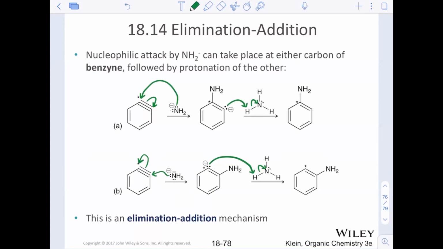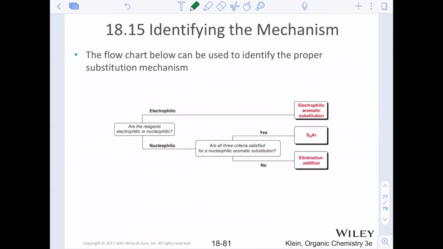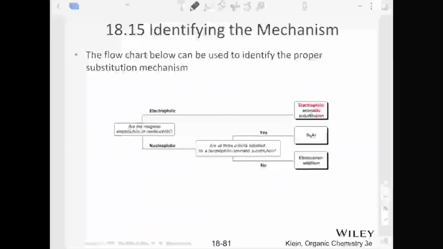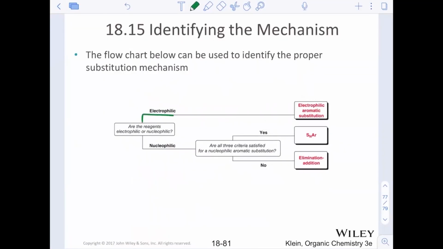So which mechanism do you want to use? Are the reagents electrophilic or nucleophilic, right? If you're using things like acids, that is electrophilic aromatic substitution of benzene. If your reagents are nucleophilic, hydroxide, amide, then are all three criteria satisfied for nucleophilic aromatic substitution?